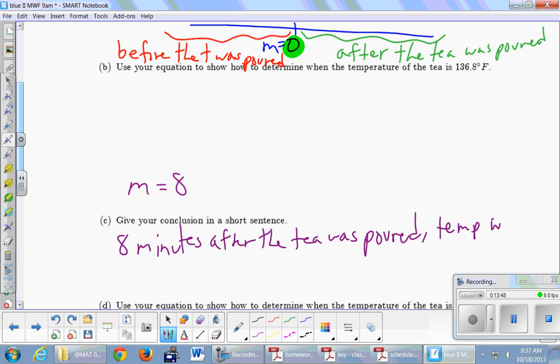The temperature was, what was it in this problem? 136.8. Okay, 8 minutes after the tea was poured.